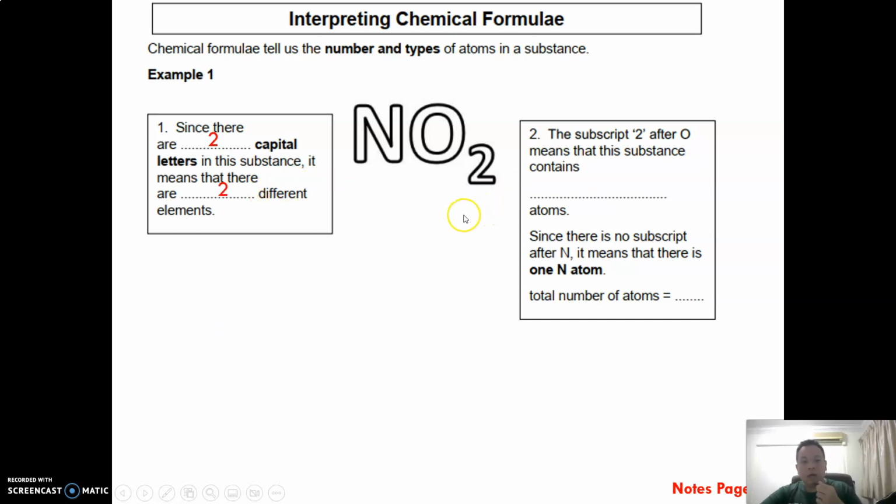Next, to find out the number of atoms in this substance, we're going to look at the number after each atom. Since there's a 2 subscript after the O, this substance has 2 oxygen atoms. If there are no numbers after the element, it means there's only one atom. So there's 1 nitrogen, 2 oxygen, total number would be 3 atoms.